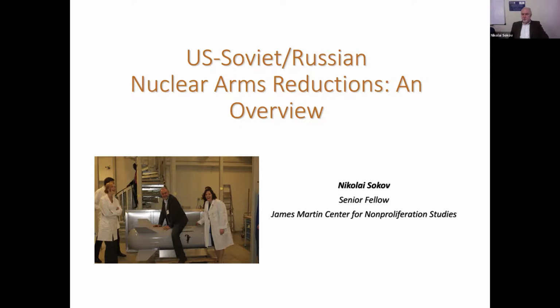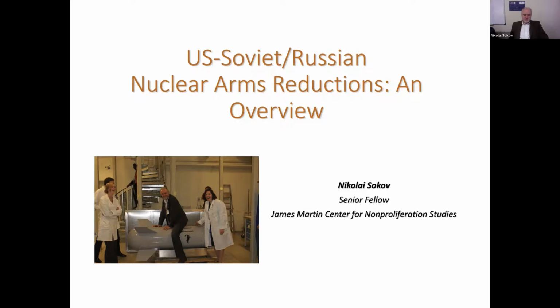Today, I will talk about several topics. One is the role of nuclear weapons as it is conceptualized in the United States and Russia after the end of the Cold War. Then a short overview of what has been done in the arms control field, the treaties that existed or continue to exist.